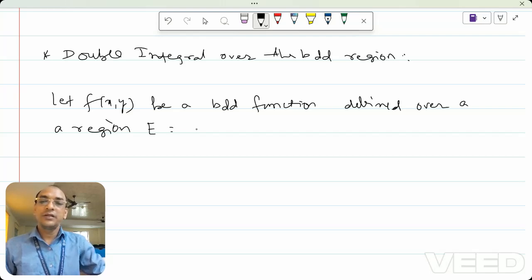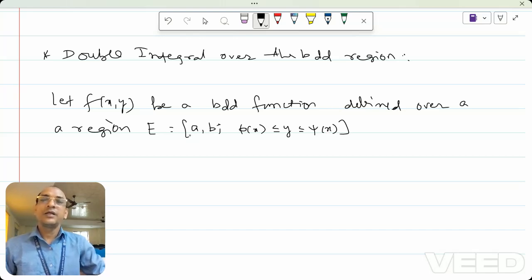The region is like this: a comma b, and phi of x is less than or equal to y is less than or equal to psi of x.